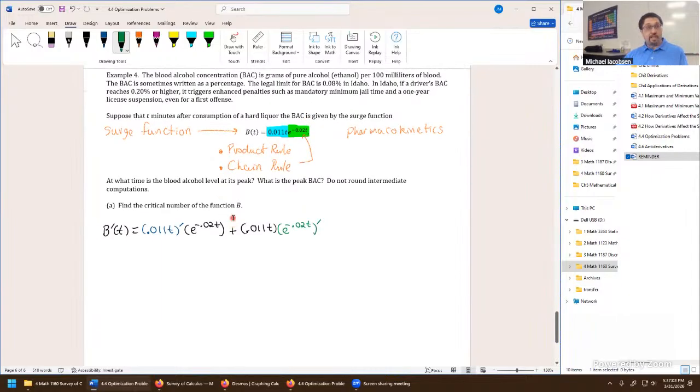So that's the product rule all laid out. That's the first thing we have to put down on paper. And this derivative here in blue, it's really fast. It's just 0.011. But the next challenge is we also have to do the chain rule on this one.